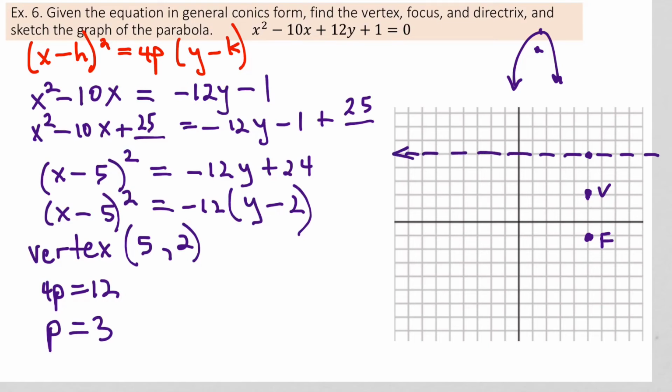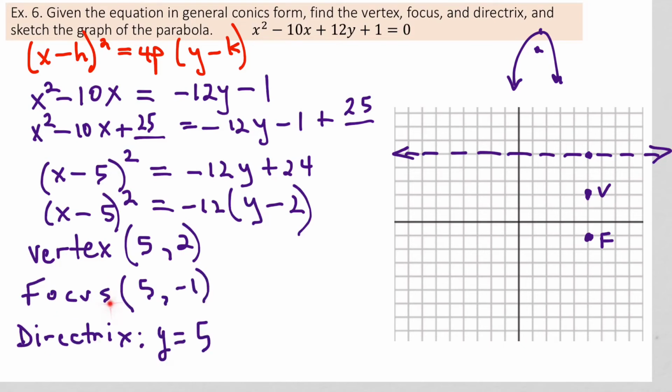So we'll do them both. All right, so we can write our equation for the directrix and our ordered pair for the focus now. All right, so my focus is going to be 5, -1. And my directrix is going to be 1, 2, 3, 4, 5. y is equal to 5.